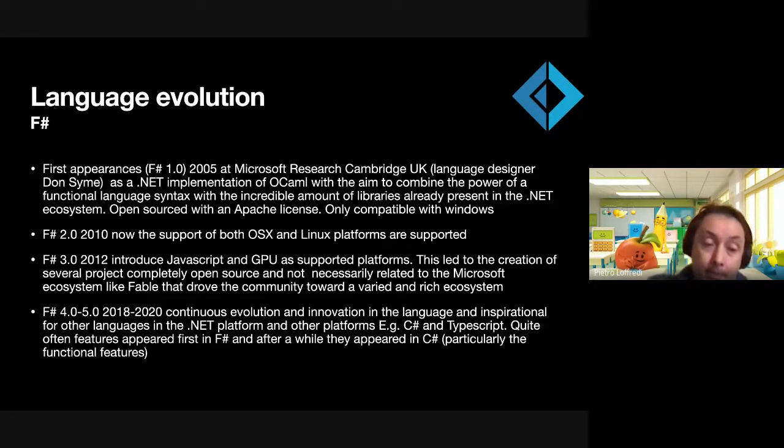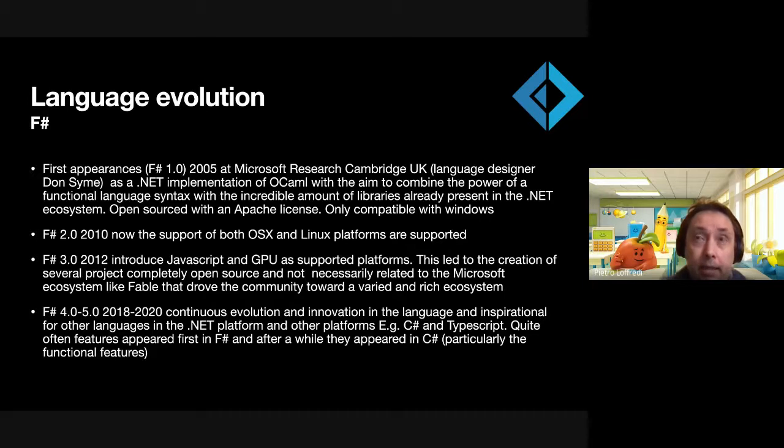With versions 4.0 and 5.0, between 2018 and 2020, F Sharp had a continuous evolution and innovation in the language, and all those innovations have been inspirational for other languages, in the .NET platform and not only, for example C# and TypeScript.